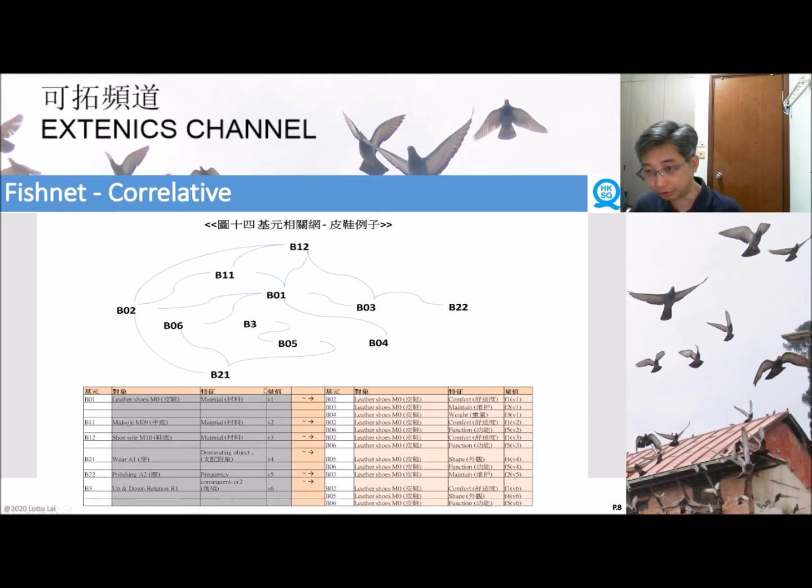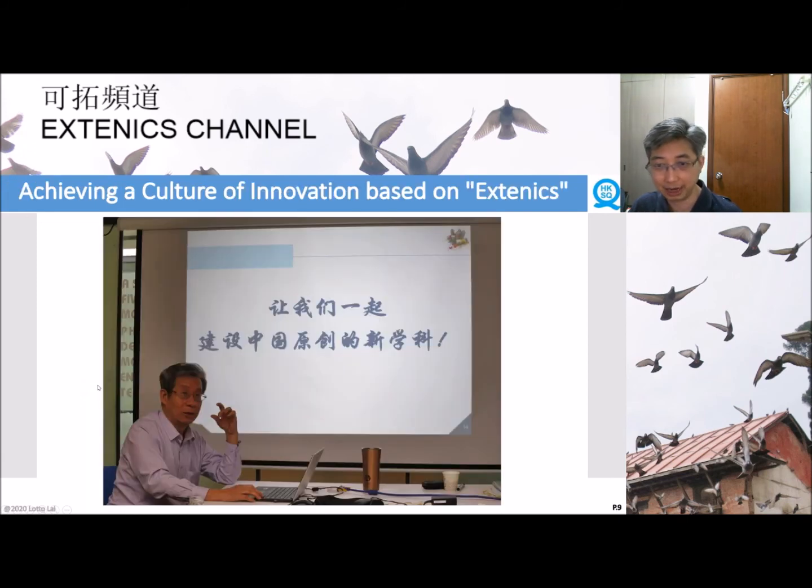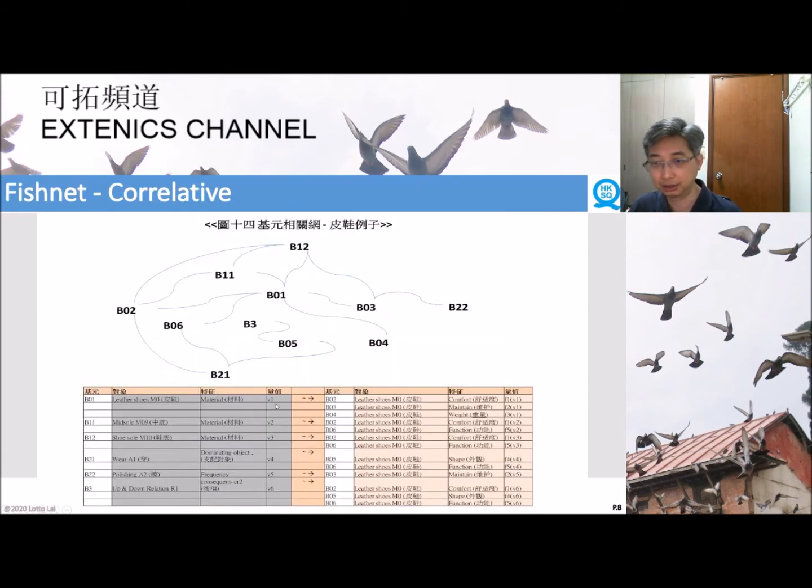If we change it, another basic element, the shoe sole, with characteristics such as comfort, maintenance, and weight, will also change. You can see this is a function. The function depends on the previous basic element and its value. Change the value, and this function changes.